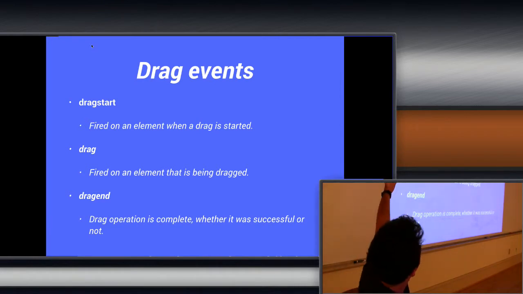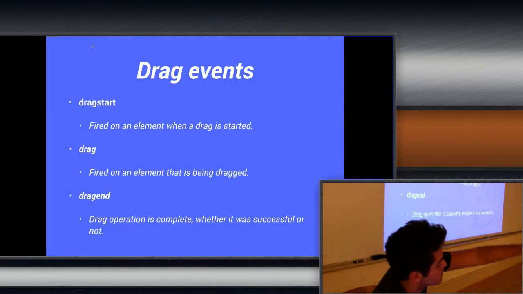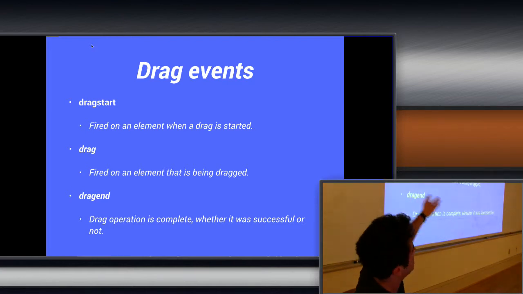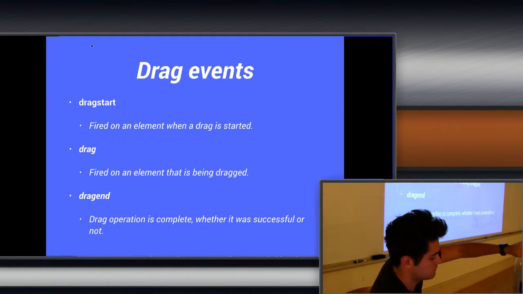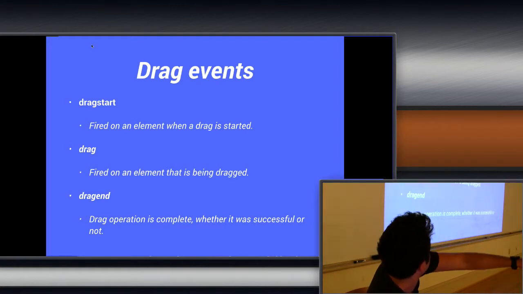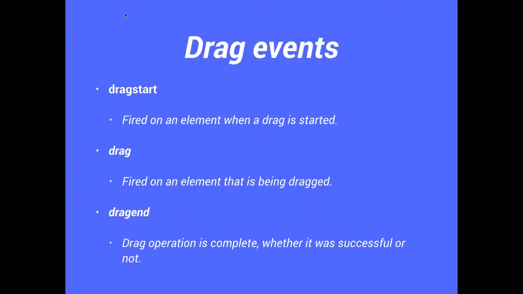So we have dragstart, which is fired when I start dragging. We have drag, which is fired when the element is being dragged. We have dragend, so it stops dragging.